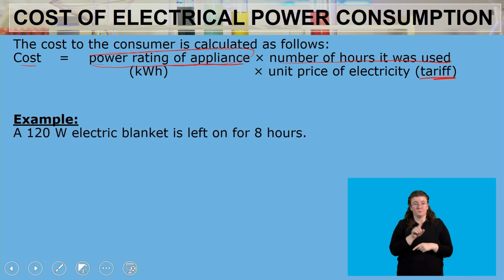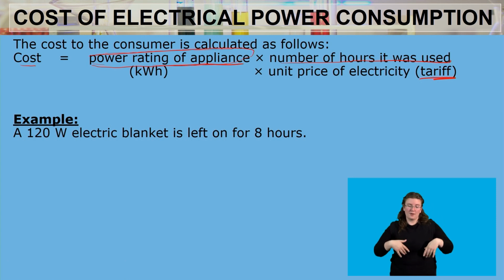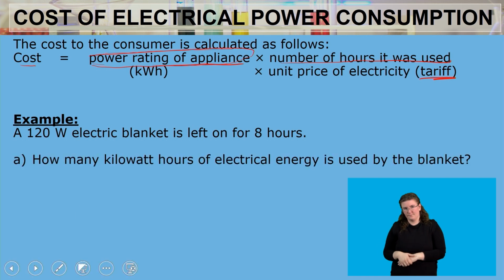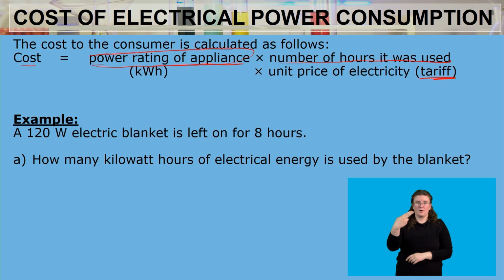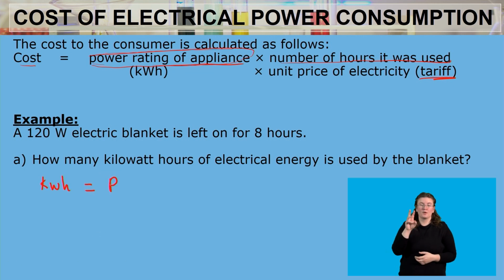The question is, a 120 watt electric blanket is left on for 8 hours. If that is the case, how many kilowatt hours of electrical energy is used by the blanket? The kilowatt hours is equal to the power rating multiplied by the time in which it was in use.